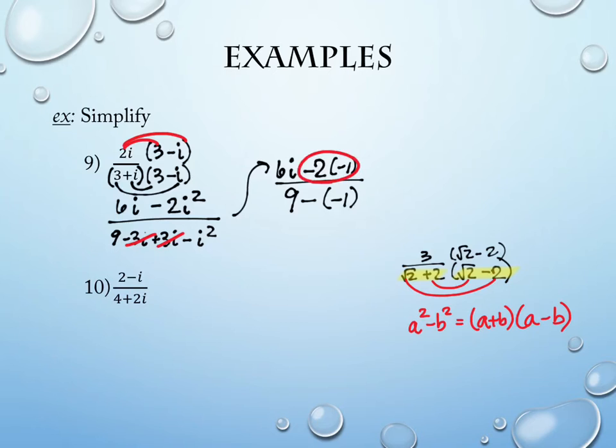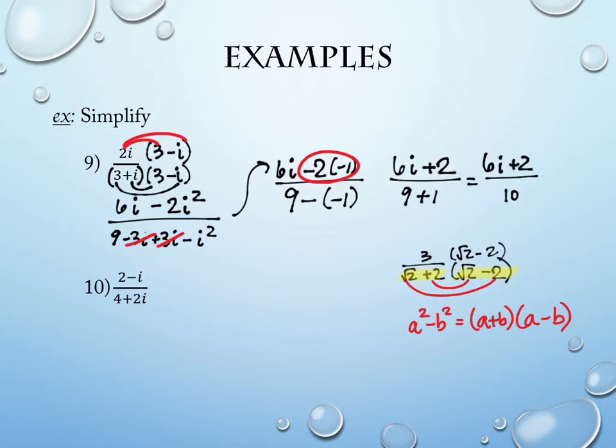So all of this gives me what? The part in the red? It's positive 2. Negative 2 times negative 1 is positive 2. In the denominator, I have 9 what? Plus 1. So on top, 6i plus 2. On bottom, what? 10.